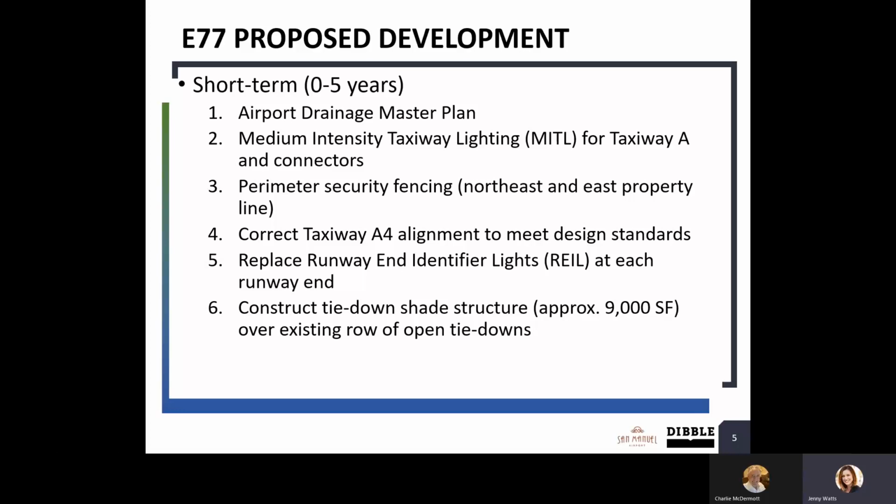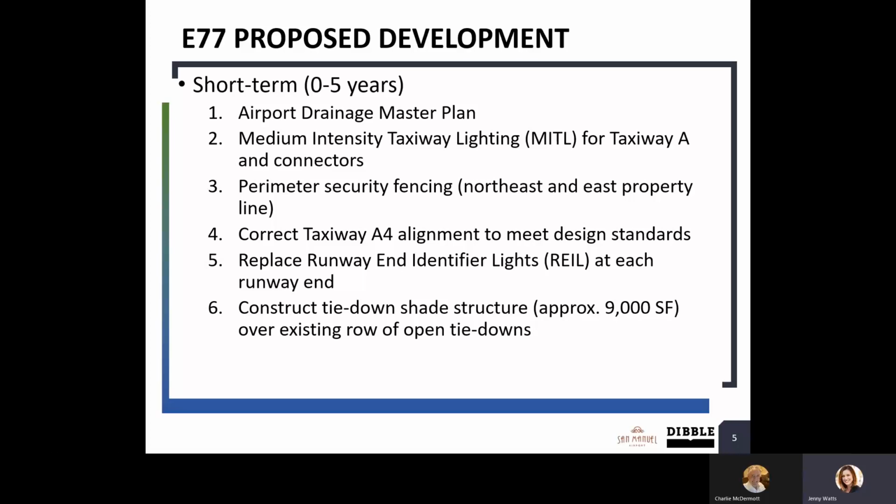Development plans for these types of airport plans are typically broken up into short-term, intermediate, and long-term. On the screen, you'll see the short-term development, which is typically between now and a 5-year time period. Some of the highlights of the projects shown there on the screen, the very first one is the Airport Drainage Master Plan that is already scheduled and hopefully will take place in the next year.